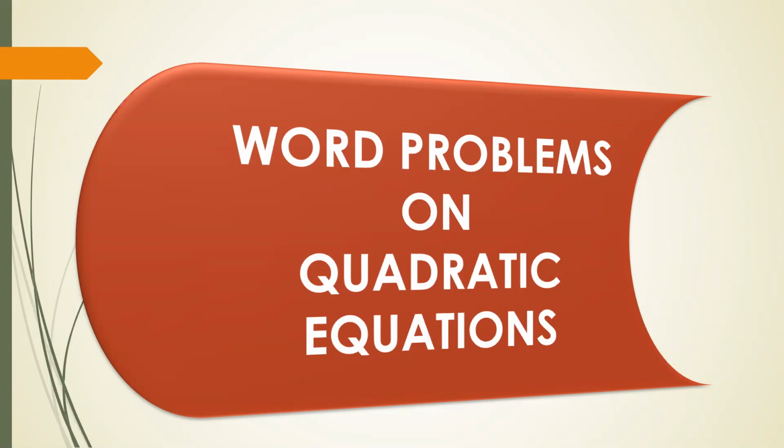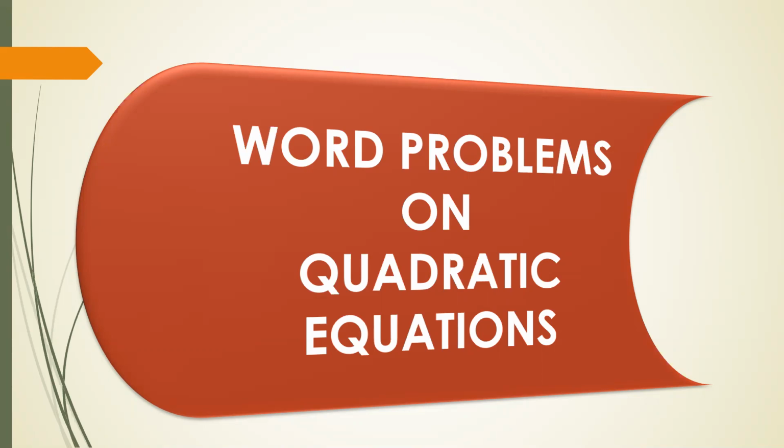As you have done word problems on many other topics of mathematics, what is the procedure of solving word problems? To solve word problems, we have to adopt the following steps. First, represent the unknown quantity of the problem by a variable x, or you can use any other variable also.